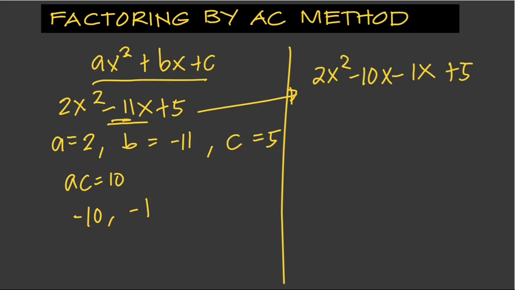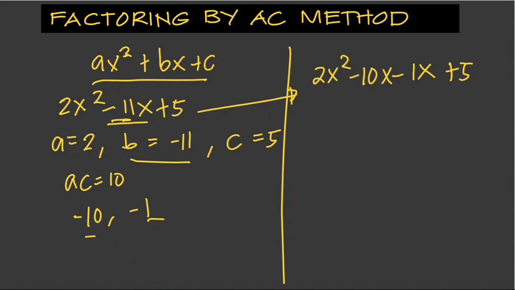Take note that we use negative 10 and negative 1 so that if we add them back together, we get the original value of B, which is negative 11. Then we group the equation into two separate parts.